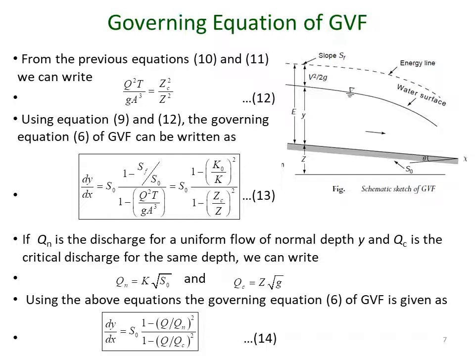These are again the relations that we have invoked from our lessons on the energy-depth relationship and uniform flows. If we substitute these relations in the governing differential equation 6, then the differential equation can be written as dy by dx equals S naught times 1 minus Q by Qn whole squared, divided by 1 minus Q by Qc whole squared, which is given by equation number 14 in this slide.